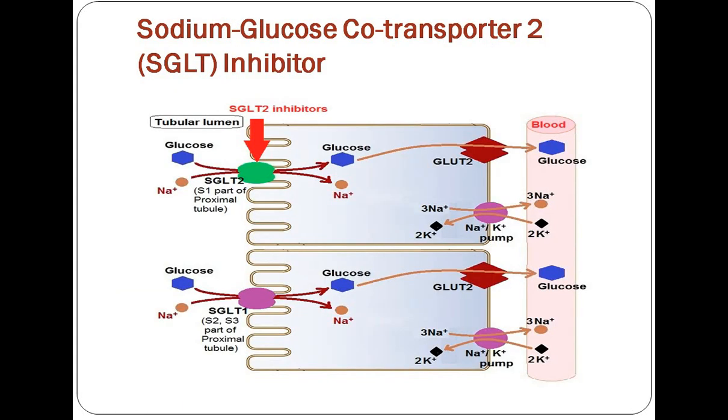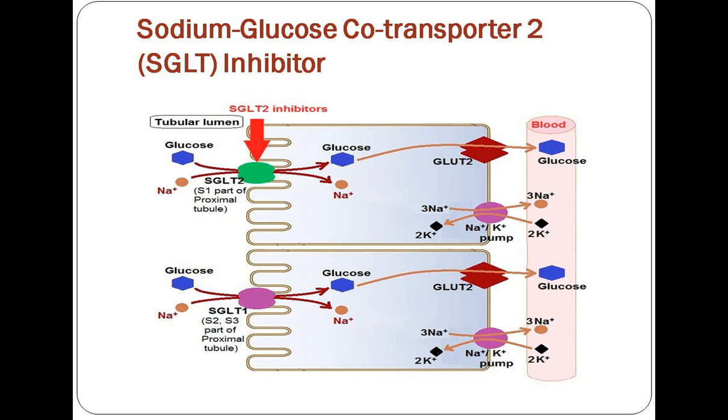And the last class of the drug is the SGLT2 inhibitor. Now, through the kidney, urine formation happens. Through glomerular filtration, a large proportion of the water and glucose is filtered into the nephron.